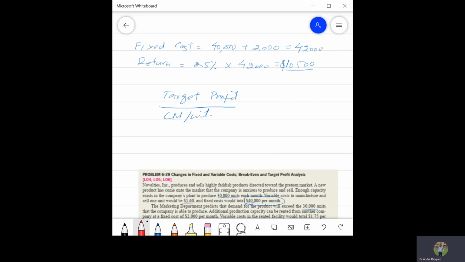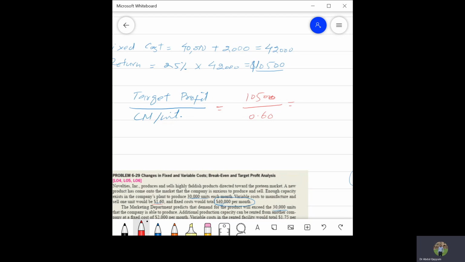So the target profit is 10,500, and our unit contribution margin is 0.60, which will give us 17,500 units.